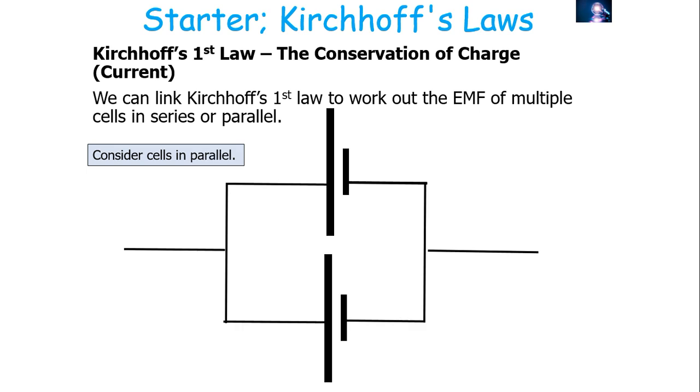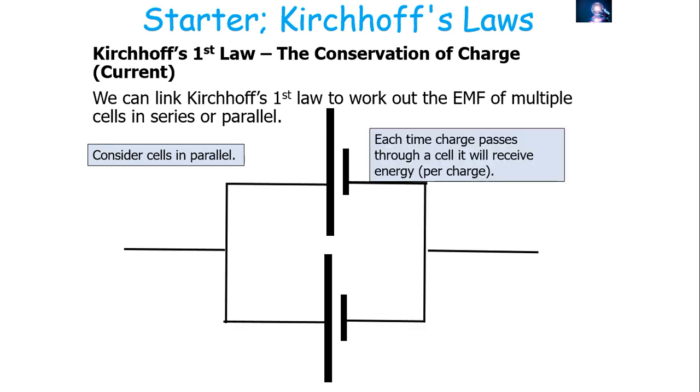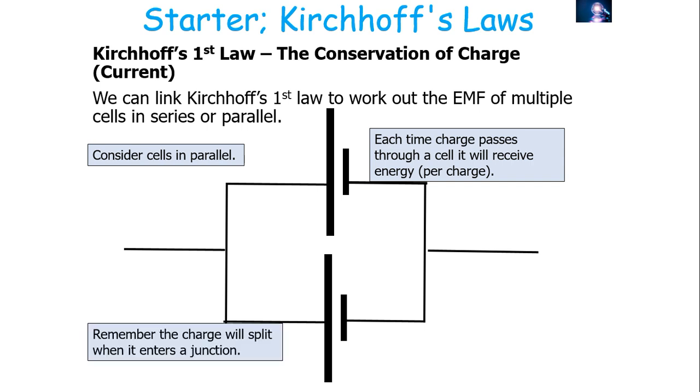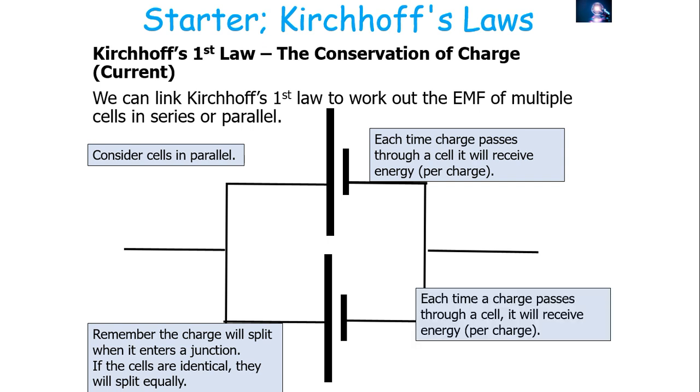But if we consider the cells in parallel now, each time a charge passes through a cell, it will receive an EMF, an energy per charge, but this time, we've now got a junction. So the charge carriers are going to split when they enter the junction. So if the cells are identical, the charge carriers will split equally because there's equal resistance. Now, again, EMF is only given to the charge carrier when it passes through a cell. In this instance, it'll only pass through one cell because the charge carriers have split at the junction.